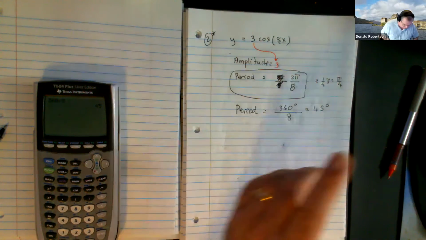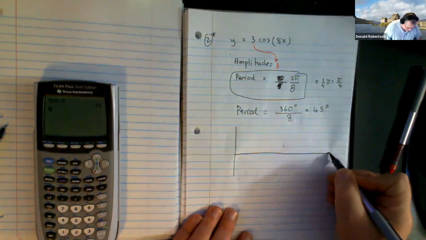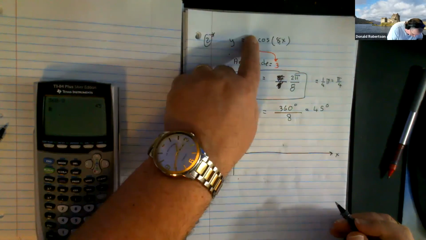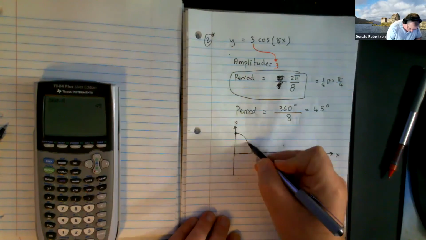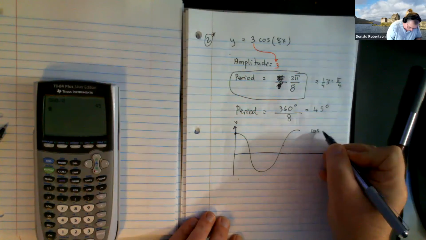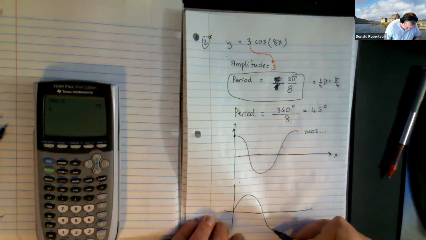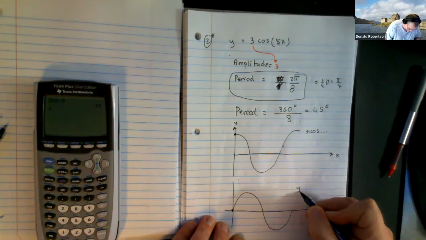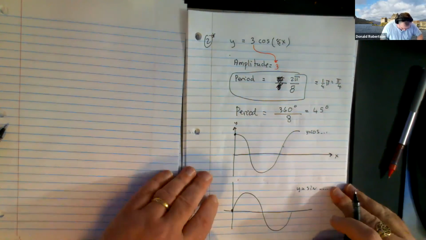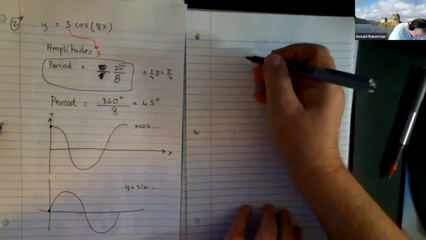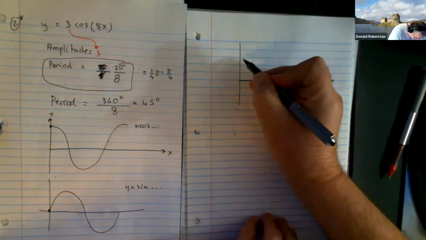I can now do a very simple sketch of this guy. Cosines always start on the y-axis. So cosines always look like that. At least that's how they start life off. Sine functions always start like that. So if I want to do a sketch of 3 cosine 8x, I would simply say, okay, where do I start? Since it's a cosine, I start here.